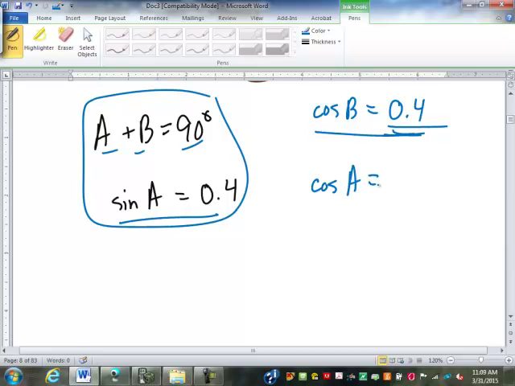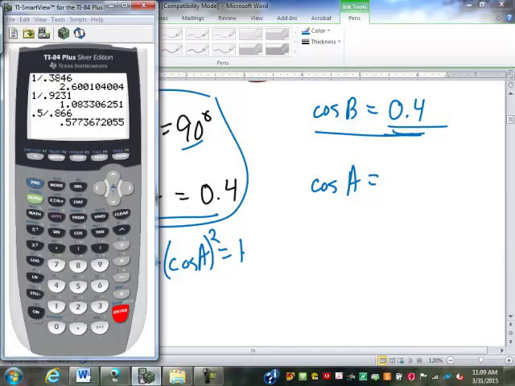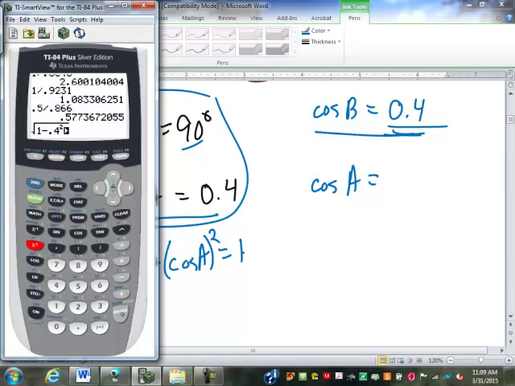If I wanted the cosine of A, though, then I would have to do what? Sine squared, 0.4 squared, plus cosine of A squared equals 1 squared, or 1. Now to solve this, it'd be the square root of 1 minus 0.4 squared, which is 0.9165.